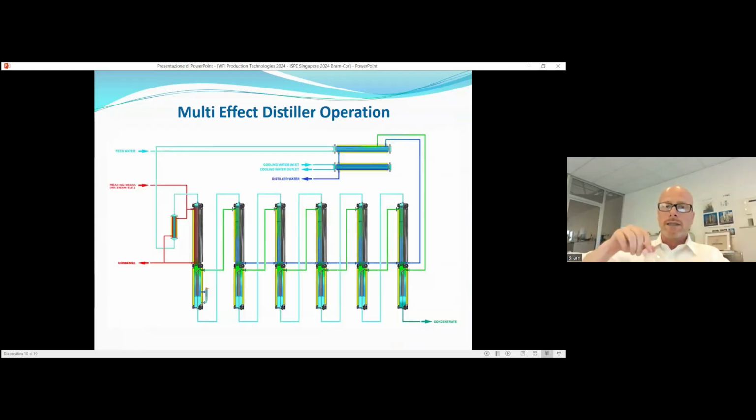This is a simplified scheme of a multiple effect distiller.